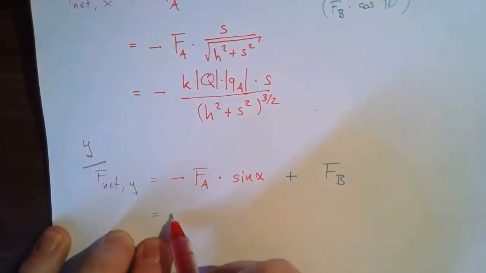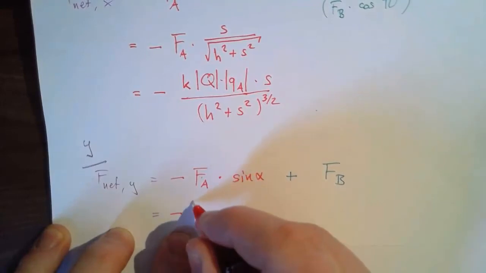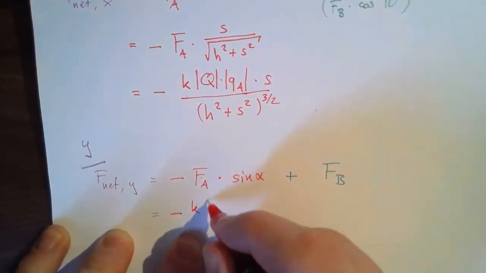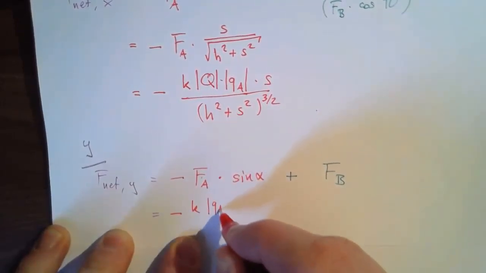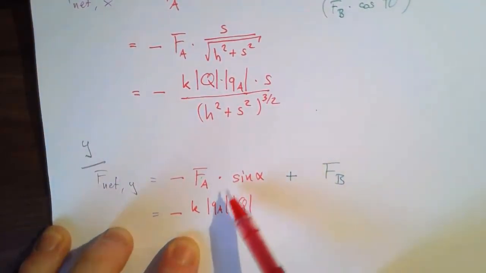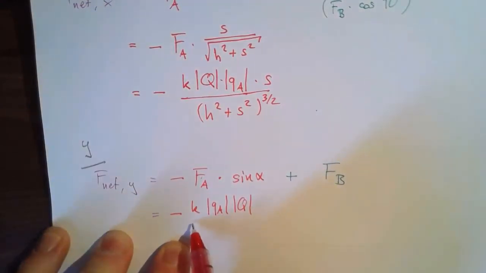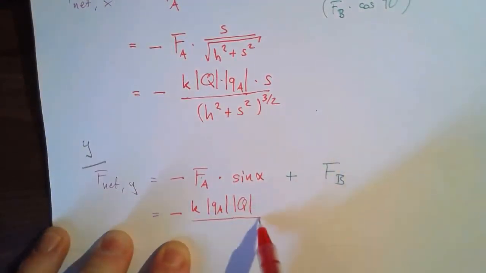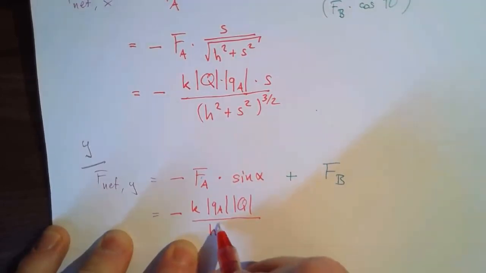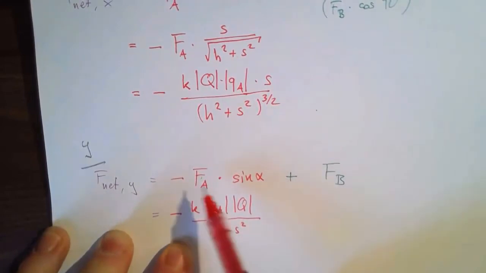So let me write this out. I get minus k QA Q, opposite order here, doesn't matter, divided by h squared plus s squared. That would be FA.